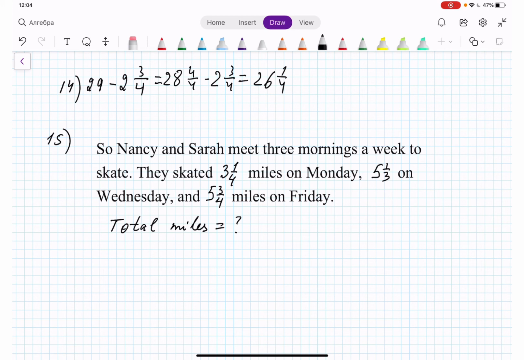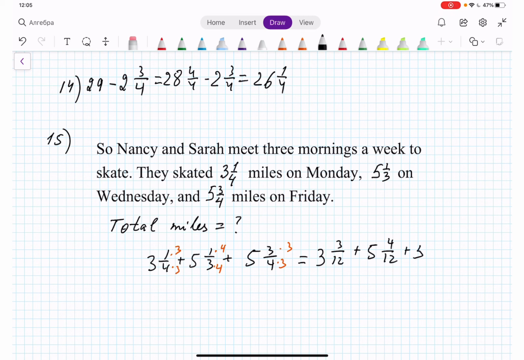Okay, so what we are going to do, total is going to be 3 and 1/4 plus 5 and 1/3 plus 5 and 3/4. Okay, 4 and 3, the common denominator is 12, right? And we are getting 3 and 3 over 12 plus 5 and 4 over 12 plus 5 and 9 over 12.